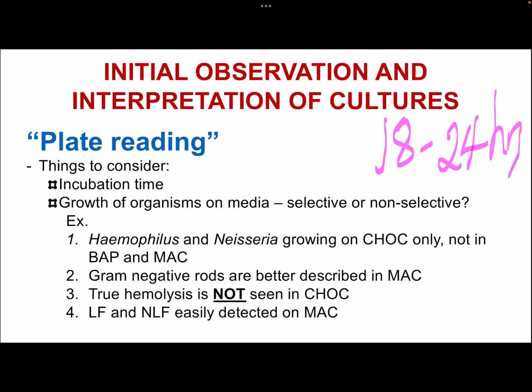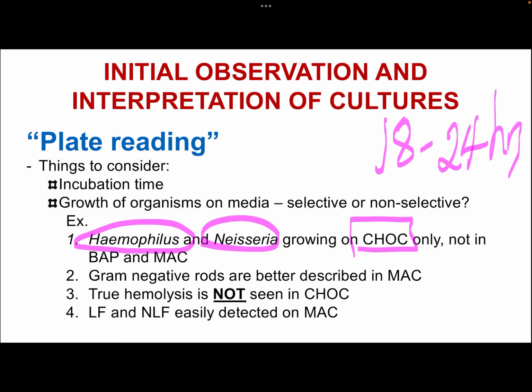For example, I think I have mentioned this to you in the class, like Haemophilus and Neisseria. Haemophilus and Neisseria grow only on chocolate agar, but not in BAP and not in MAC. Although they are bacterial microorganisms, they are considered fastidious microorganisms, so they require special nutrients.